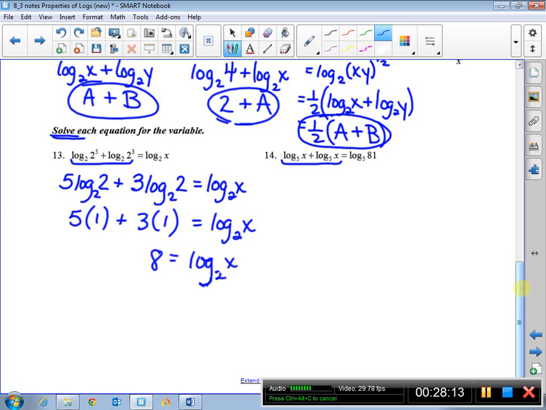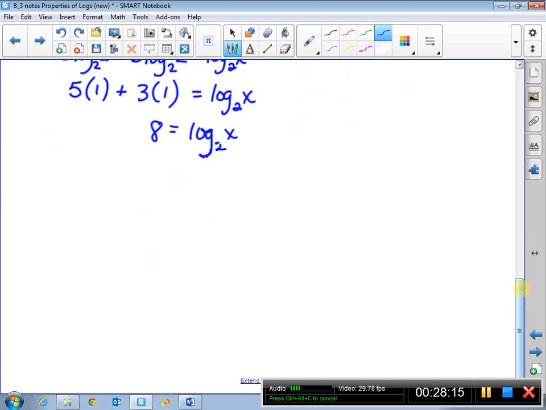Remember, they wanted me to solve for x. So really, my only option here is to go to exponential form. So the base is 2. The exponent is 8, and those should equal x.